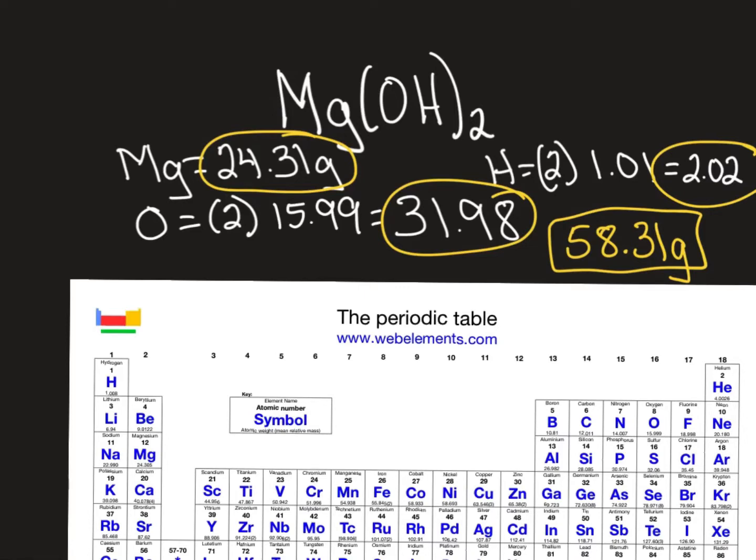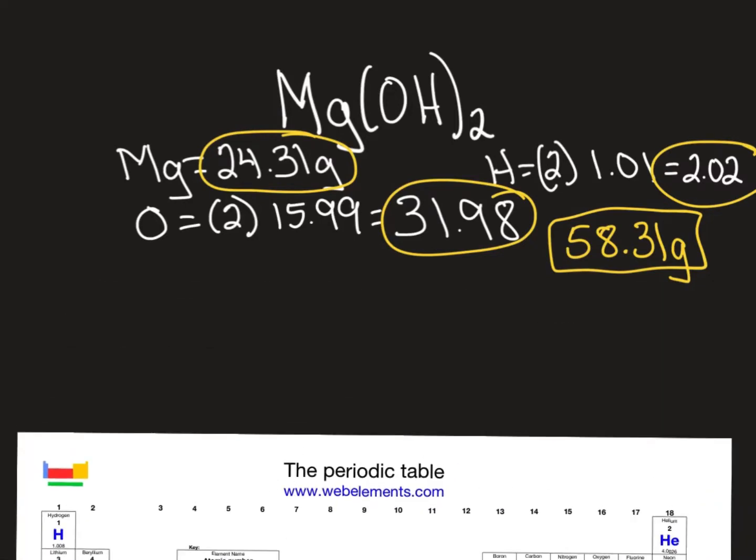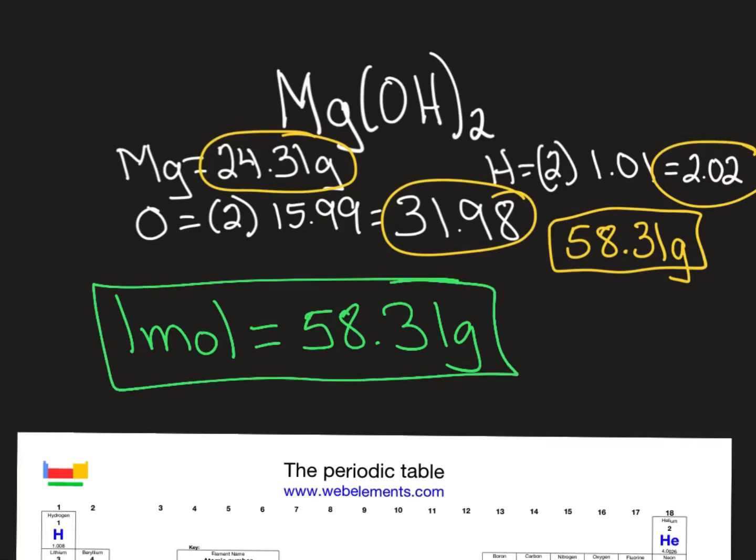Now what this also tells us, and this is the relationship we're going to need to do these conversion problems, is that 1 mole of magnesium hydroxide equals 58.31 grams. So now we have a relationship.